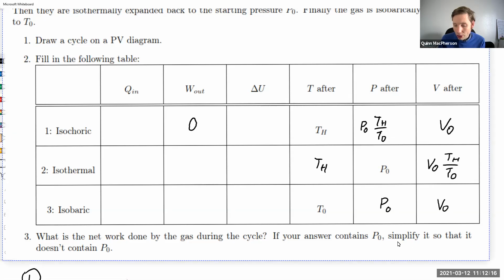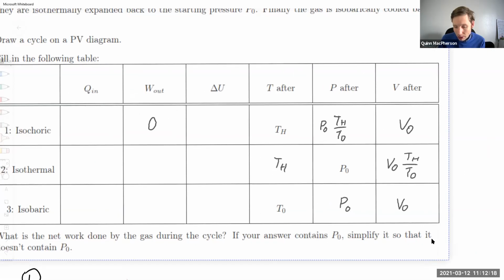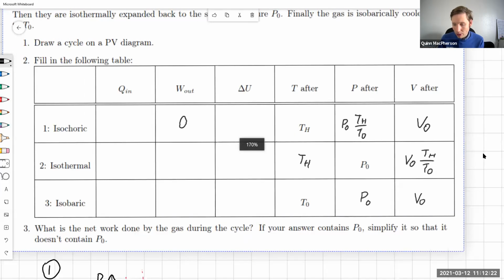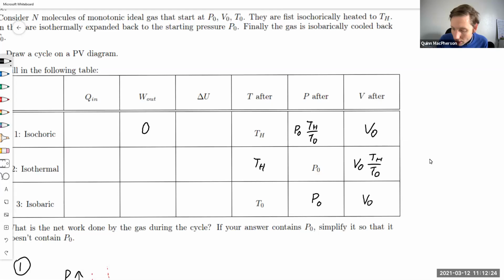You may recall that the internal energy is equal to d over 2 N k_B T. In our case, we have a monatomic ideal gas, so d equals 3.